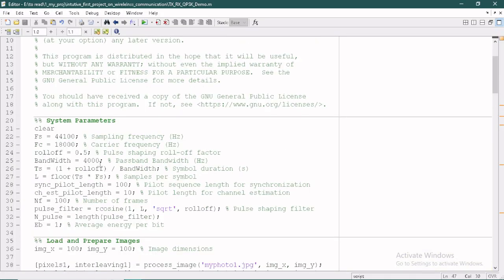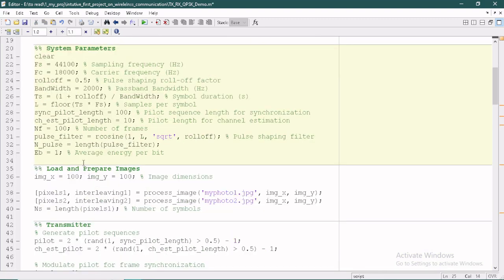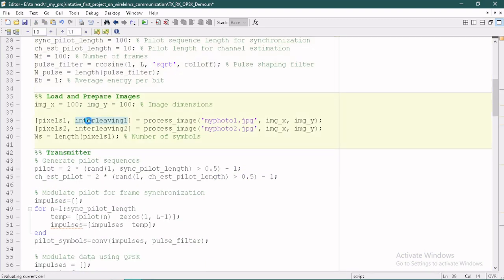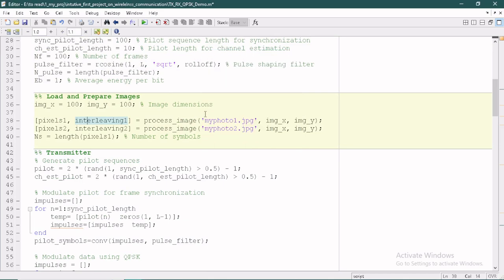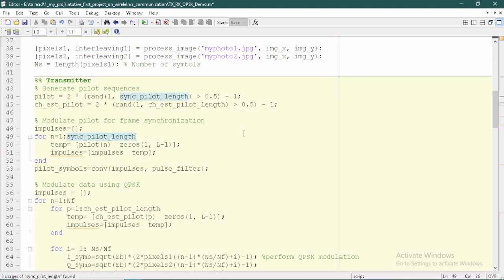So if we instead reduce the bandwidth, for example, to 2 kilohertz, we have an intuition that it will take more time than 5 seconds to transmit the data. And this is what we will see. So let's let the transmitter do the processing.